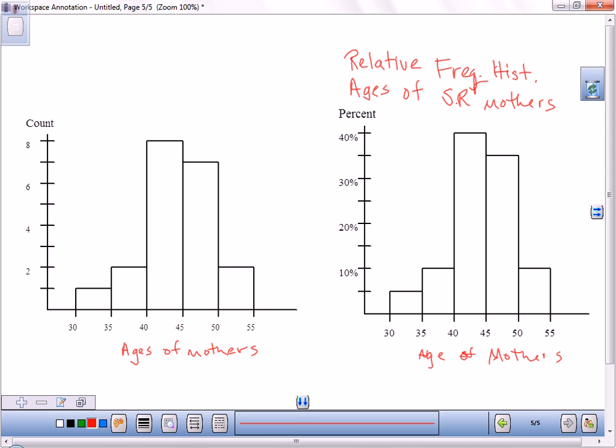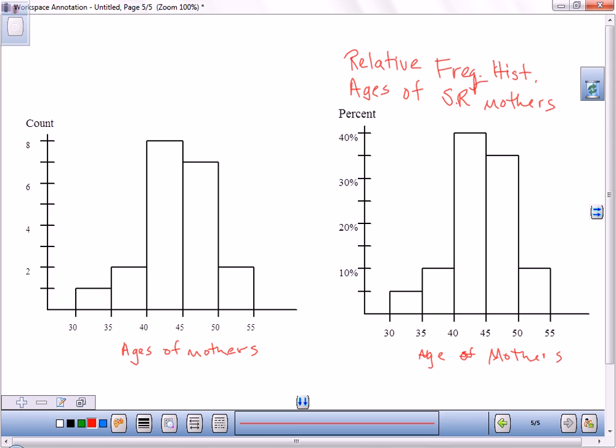This one is the percentage; we're looking at the area of the bar. How much space is this versus how much space is that? Once again, this is intro to stat, and I'm not going to be that picky. But what we're going to focus on is the relative.